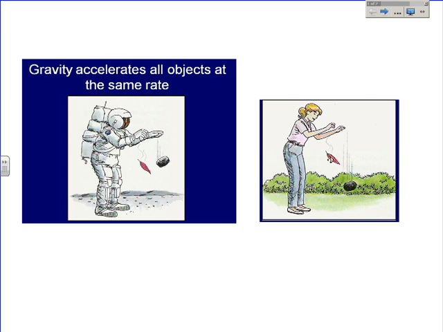Air resistance will affect the motion of both of these. Obviously, the effect of air resistance on the feather is a lot greater than the effect of air resistance on this rock, but air resistance affects both of them. Because of that, neither one of these will have an acceleration of 9.81 meters per second squared, and neither one of them would be considered in free fall.